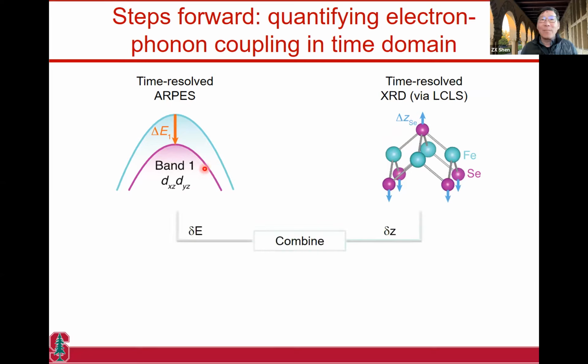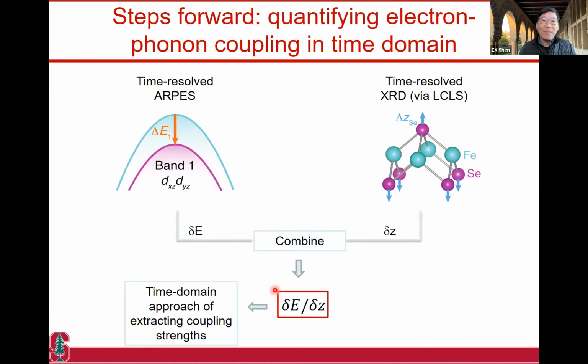By doing that, I'll be able to make a direct comparison, which will relate to a microscopic quantity called the deformation potential. If you can do that, then of course you can try to extract information on the coupling strengths. Then you can also use that to gain insight into iron selenide physics.